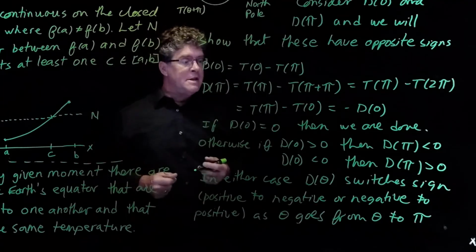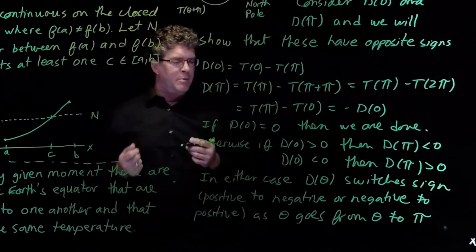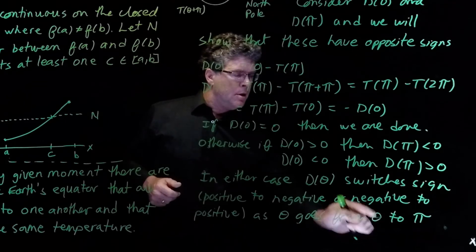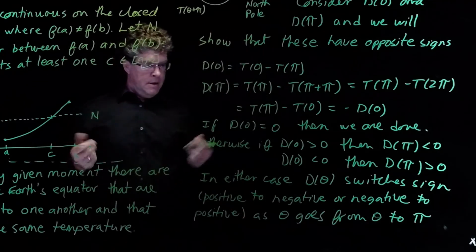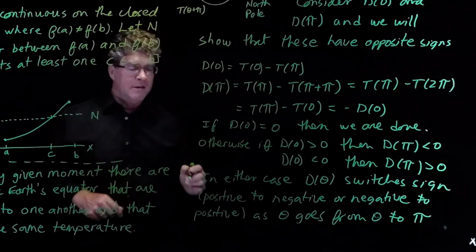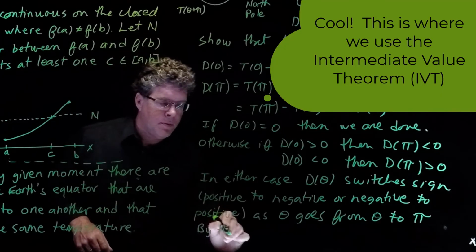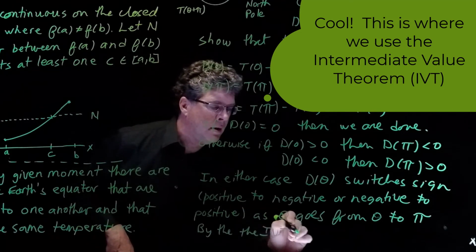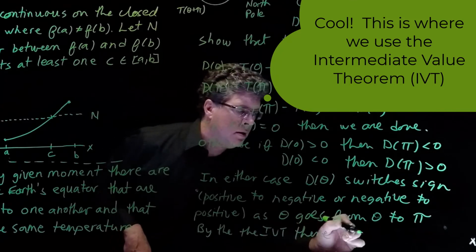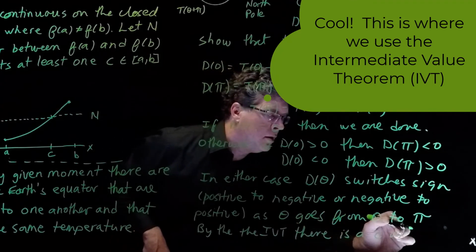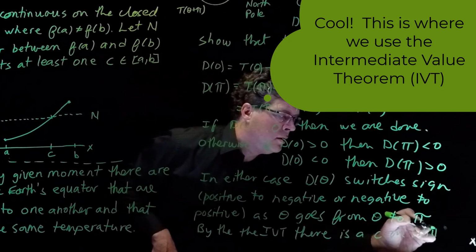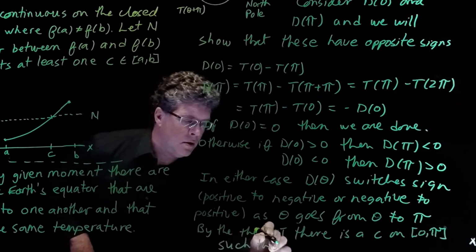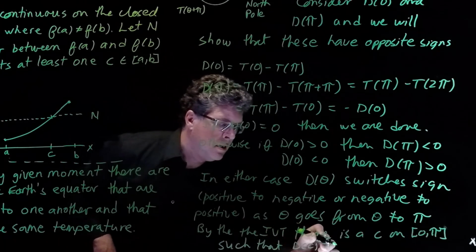So if d switches from positive to negative, or from negative to positive, as theta goes from 0 to pi, then there is going to be a c that lies between 0 and pi such that d of c is equal to 0.